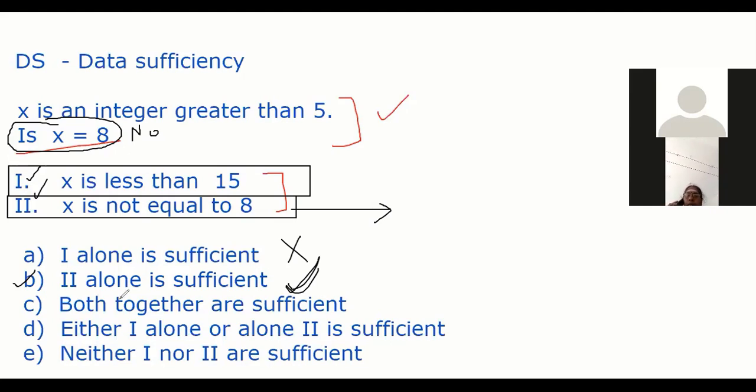Got little idea what DS means, guys? Now give me 1 second.